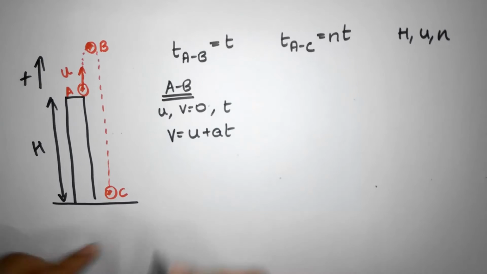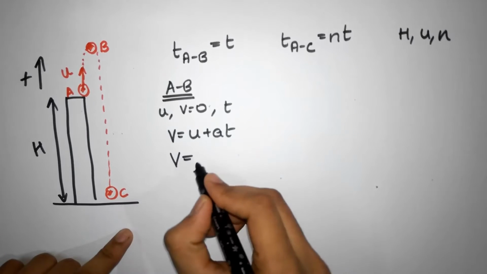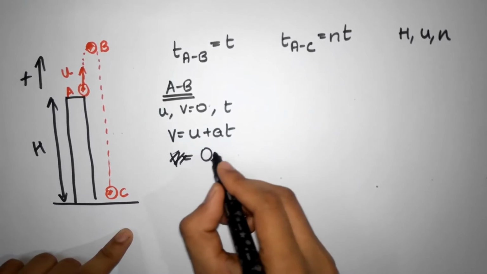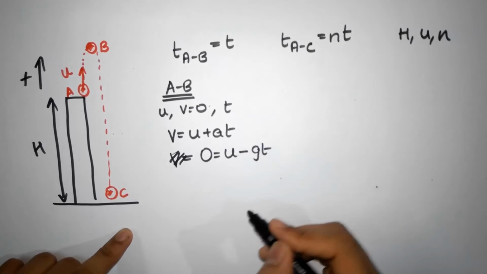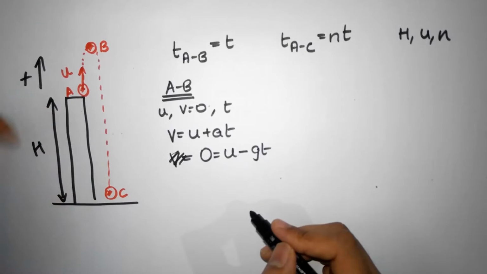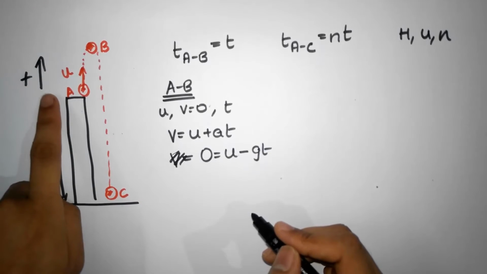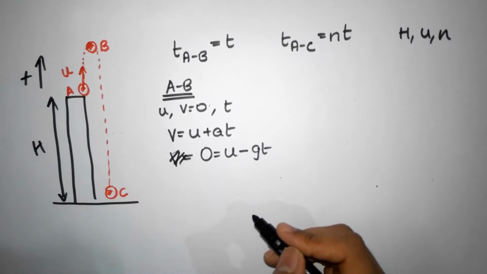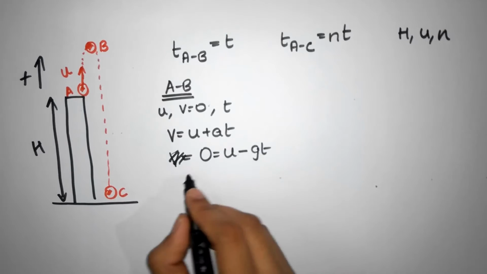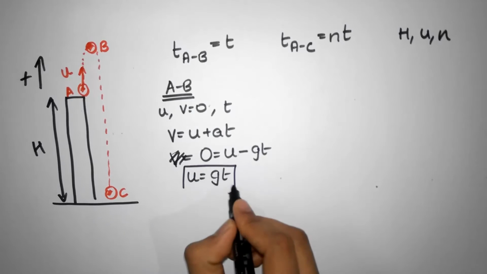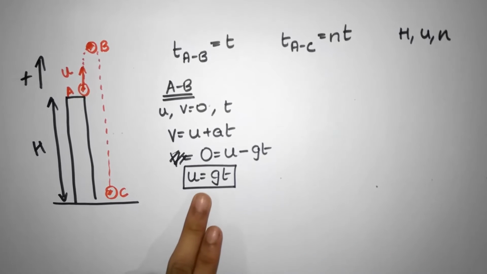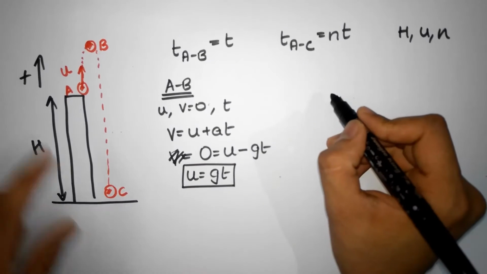So we would get 0 equals u minus gt, and there's a minus sign because acceleration is downwards, and according to my sign convention it's negative. So from this we have u equals gt. That's one equation we got, and that will be important for us.